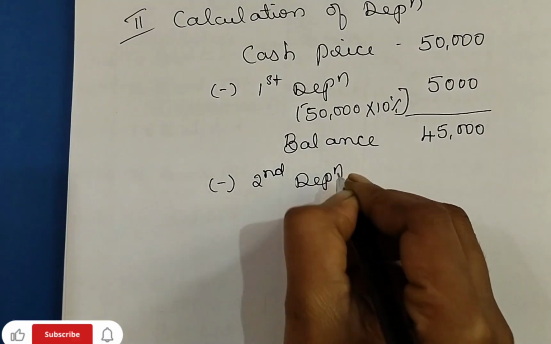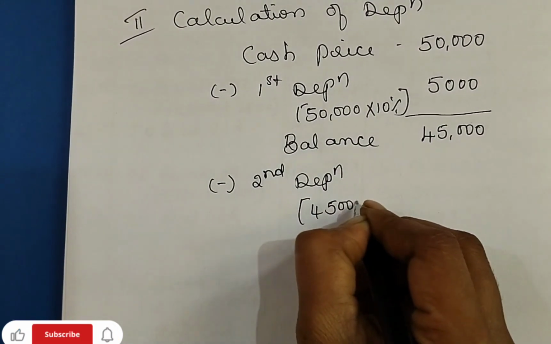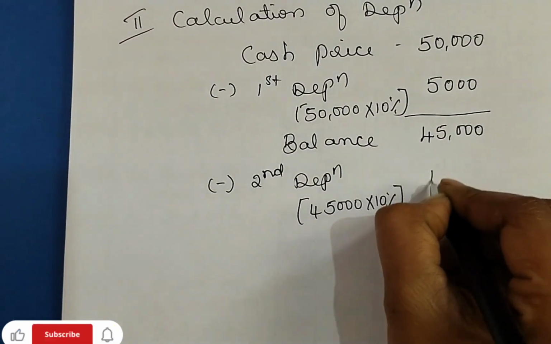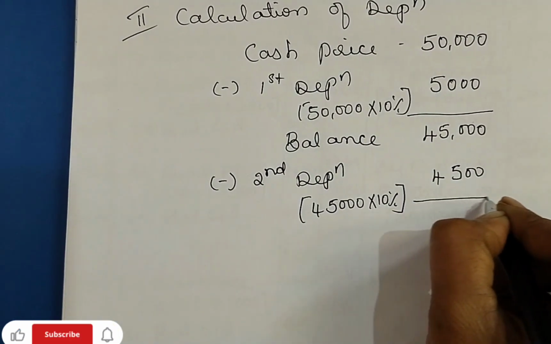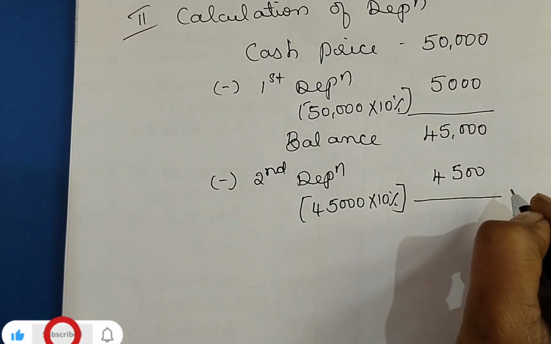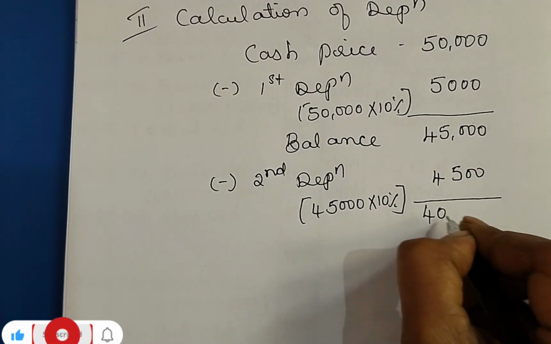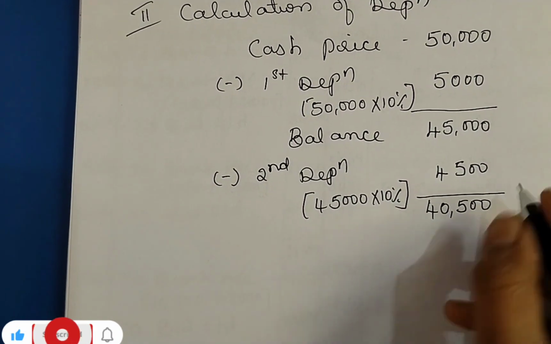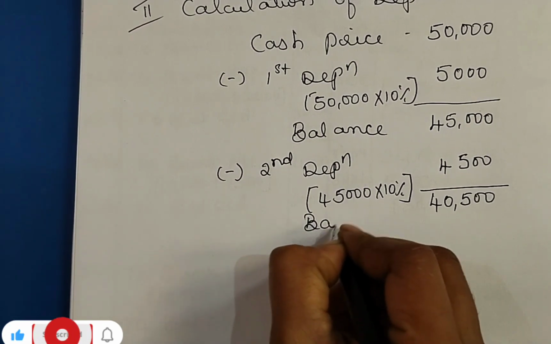Second year depreciation is on 45,000, 10% is 4,500. Now what is the balance of the machinery? 40,500. Right.